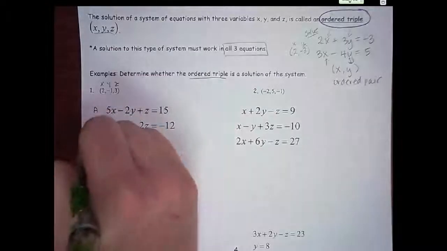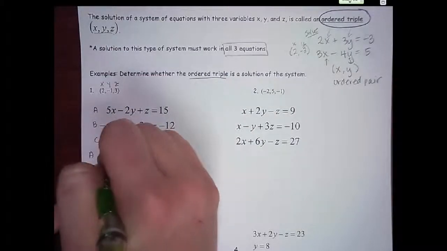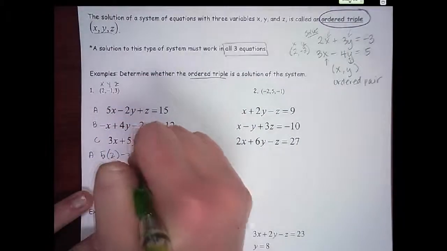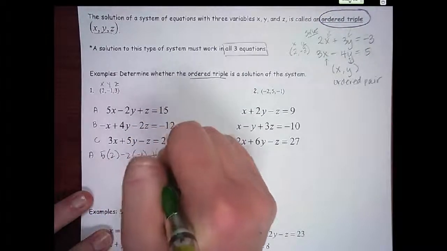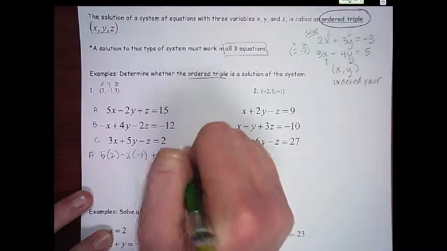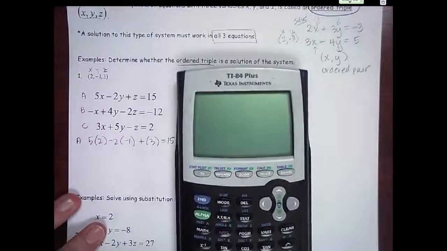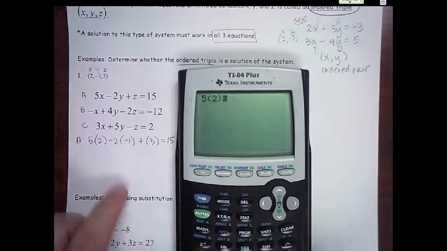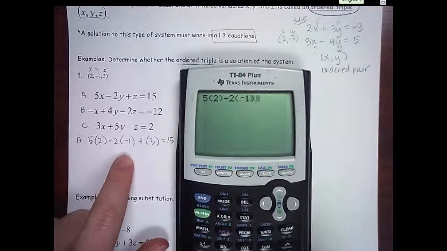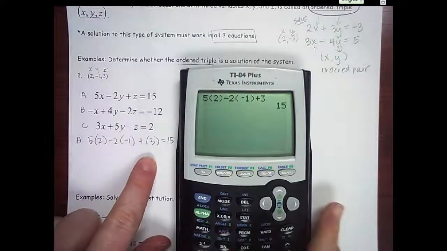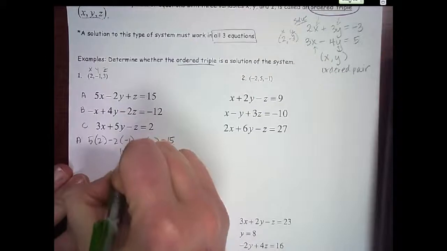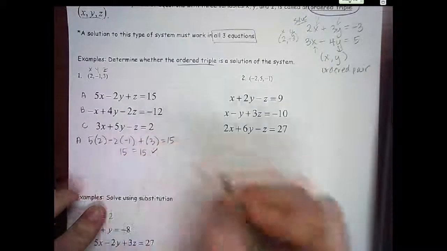So I'm going to do A. 5 times 2 minus 2 times -1 plus 3 equals 15. On the left-hand side, I'm going to put that in my calculator. 5 times 2 minus 2 times -1 plus 3, 15. So 15 equals 15. That worked.